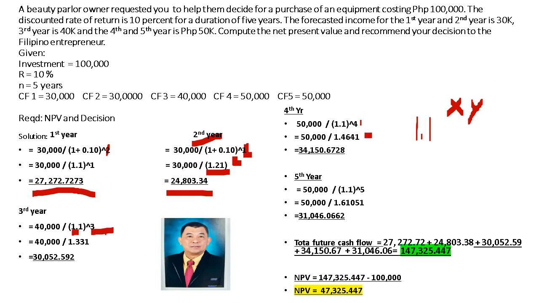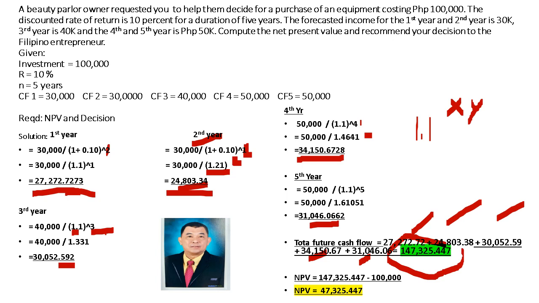Now, these are all future cash flows. So we will have to add all of this. And the total future cash flow is 147. And the formula for net present value is total future cash flow minus the required investment.